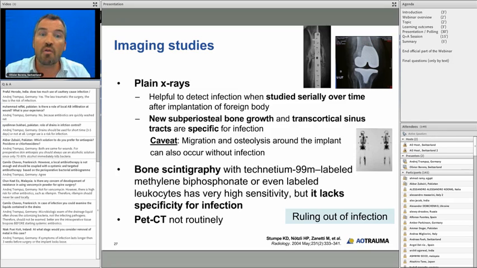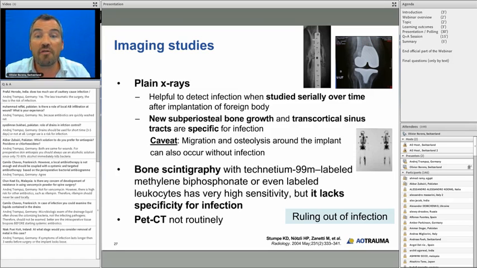Of course, we have to look at bony changes. That's the reason why you have to look at the x-rays over time. Is there a change in the bony structure? Is there an osteolysis? Is there a loosening of the plate or of the screws? This can be a sign that there is something going on.